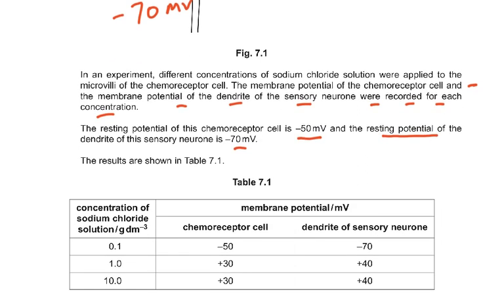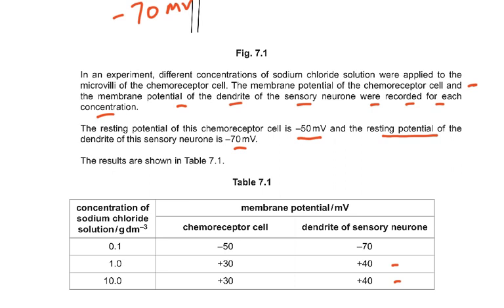Concentration of sodium chloride 0.1, chemoreceptor cell minus 50, dendrite minus 70; 1, plus 30; 10, plus 30; dendrite of sensory neuron plus 40, plus 40. So when you place them, different concentrations of sodium chloride were applied to the microvilli, and the membrane potential of the chemoreceptor cell and the dendrite of the sensory neuron were recorded for each concentration.